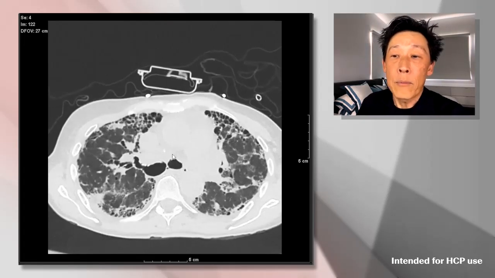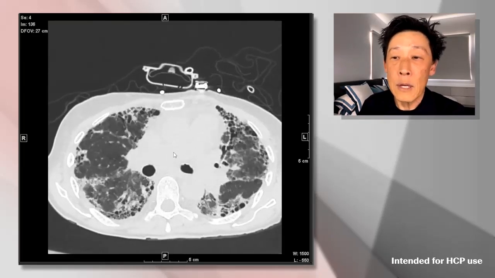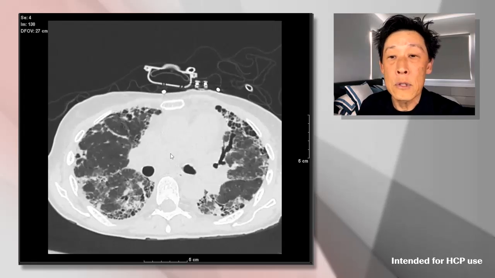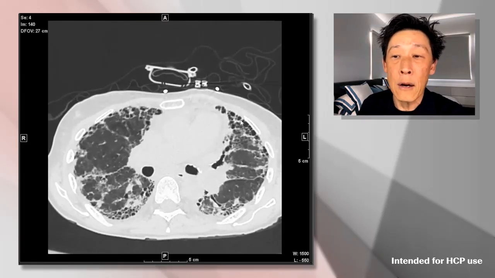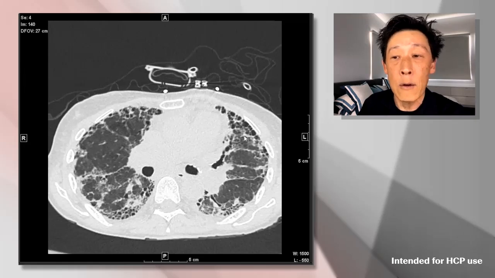And again, it's very important that when you look at these cysts or look for honeycombs, you're really looking for an air-like density. So for reference, this is the right interlobar bronchus, and you can see that the air density is quite dark, and in fact darker than lung, because there's just air within the airway.